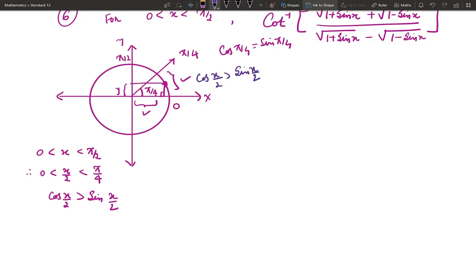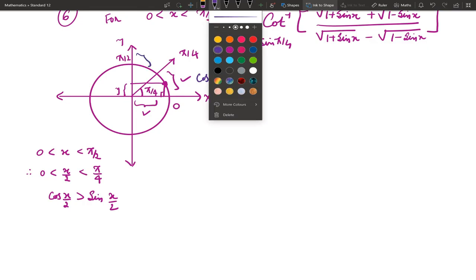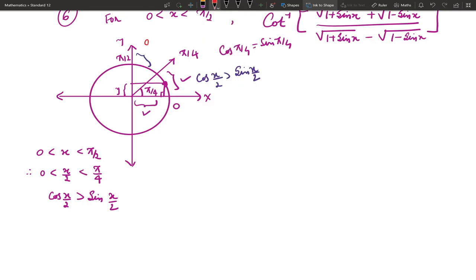Once you cross pi by 4, sin x by 2 will be greater than cos x by 2. So what is the conclusion? Between 0 to pi by 4, always cos x by 2 is greater than sin x by 2.